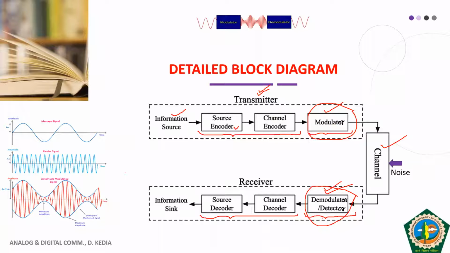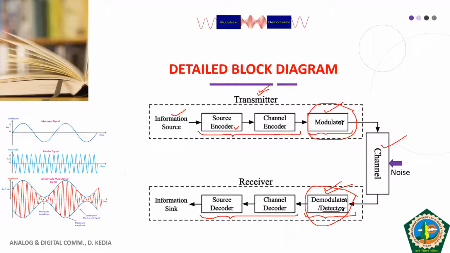Even some people say that the transmitter is nothing but the modulator, and the receiver is nothing but the demodulator. Another name for demodulator is also detector. But since we are using the term modulation, we'll stick to modulator and demodulator. Is that point clear?